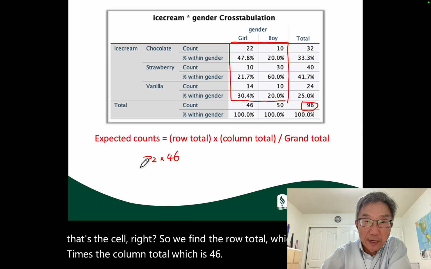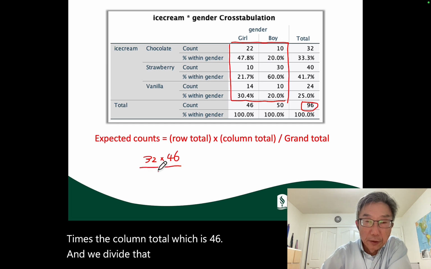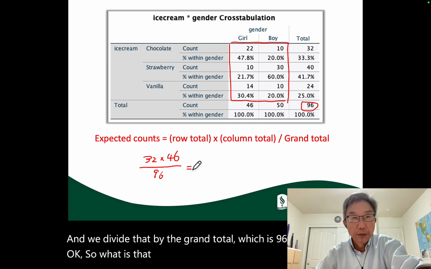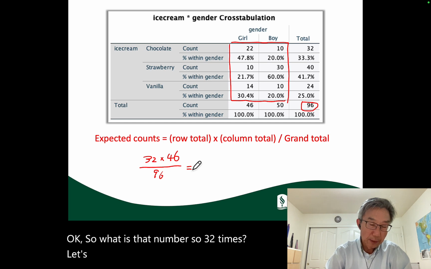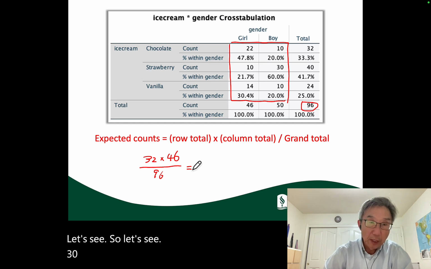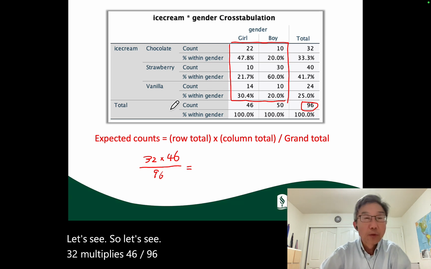And we divide that by the grand total, which is 96. Okay, so what is that number? 32 multiplied by 46 divided by 96 equals 15.33.